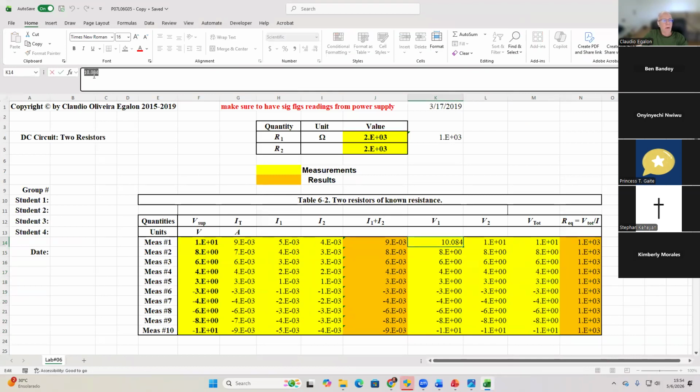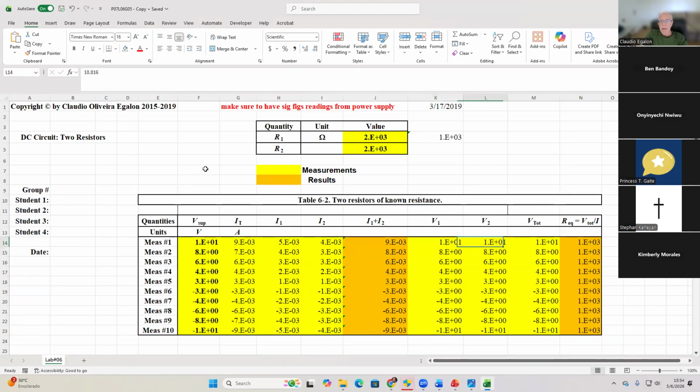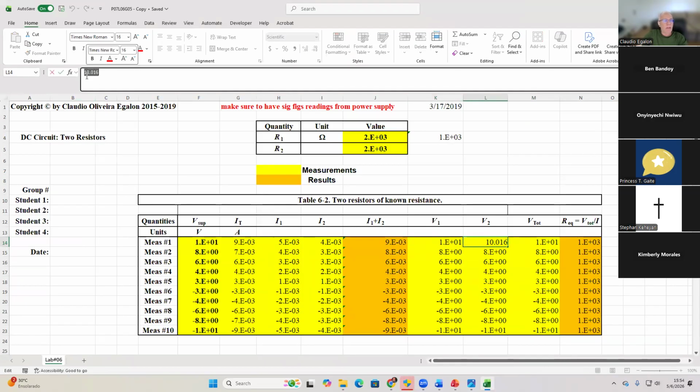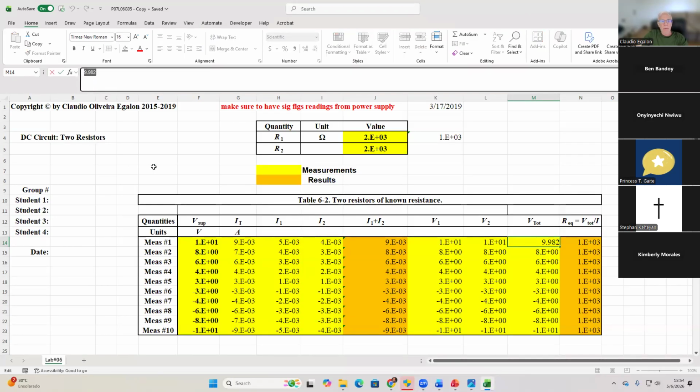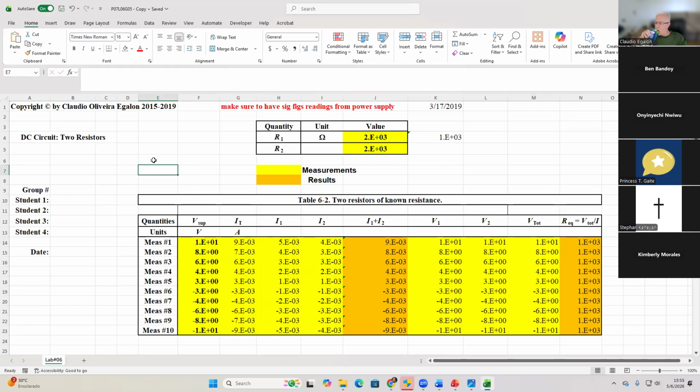You can look at the spreadsheet as well, right? Here you get 10.016, slightly smaller, not much different. The other is 9.982, a little bit smaller than the other. The difference between those three measurements is negligible.